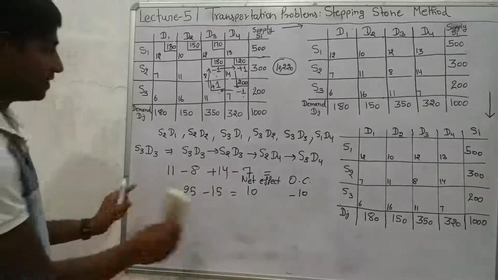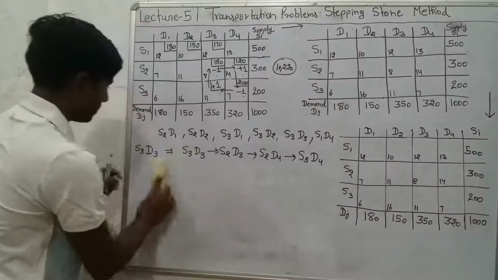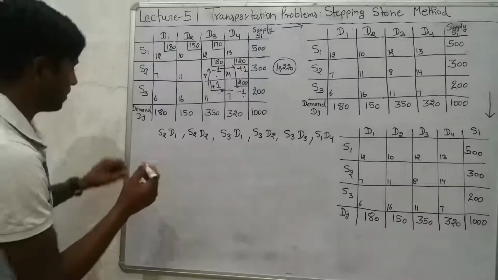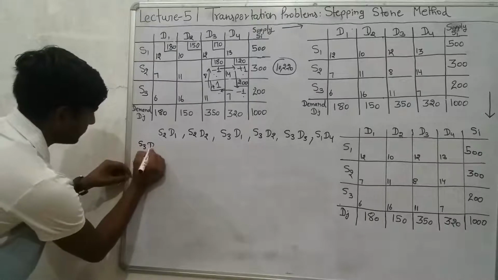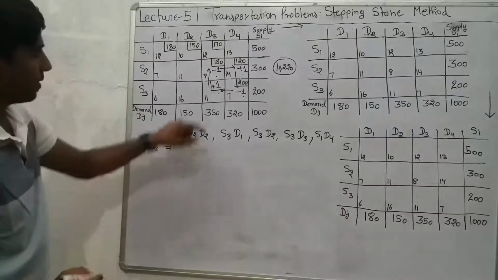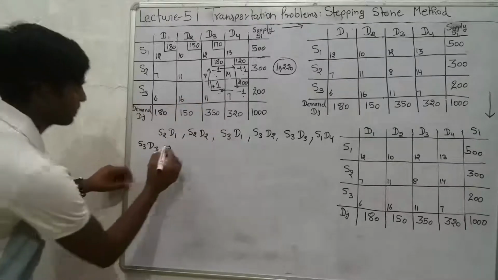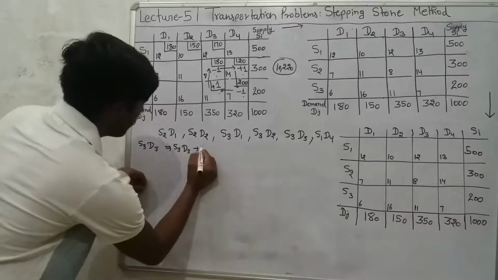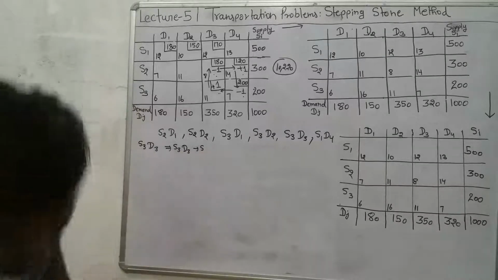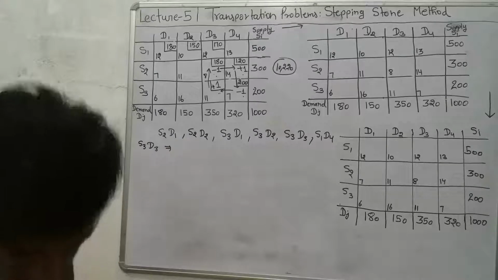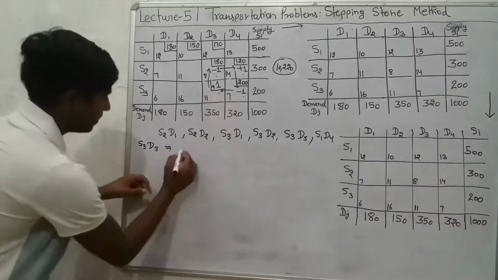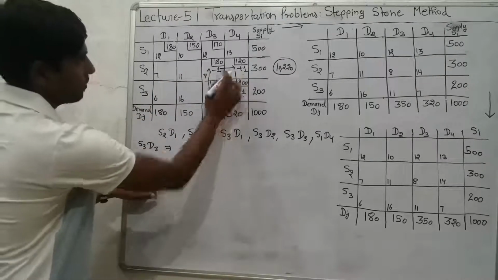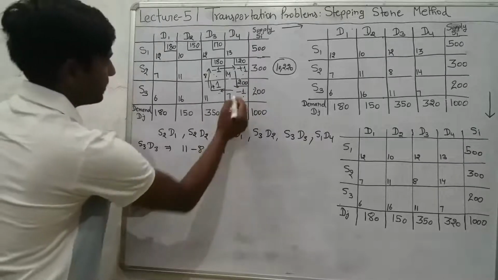Now I am writing everything in concise form. For S3 D3, the route was this one, or we can write the values directly: here it was a positive sign, so 11, minus 8, plus 14, minus 7.